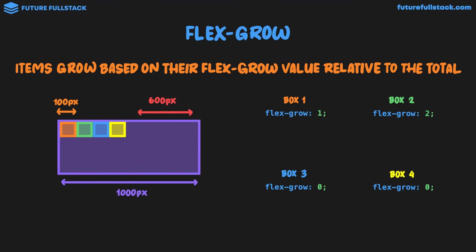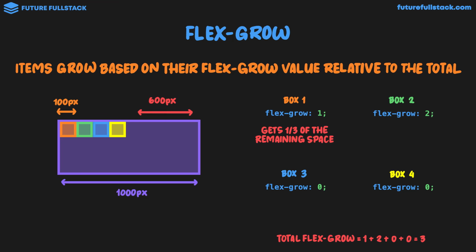So how this works is you would calculate the total flex-grow, which is 1 plus 2 plus 0 plus 0, which is 3. Now any available space is distributed based on the flex-grow value of a flex item relative to the total. So let's go see how this works. Box 1 effectively gets 1/3 of the remaining space. That is because the flex-grow value of box 1 is 1 and the total is 3.